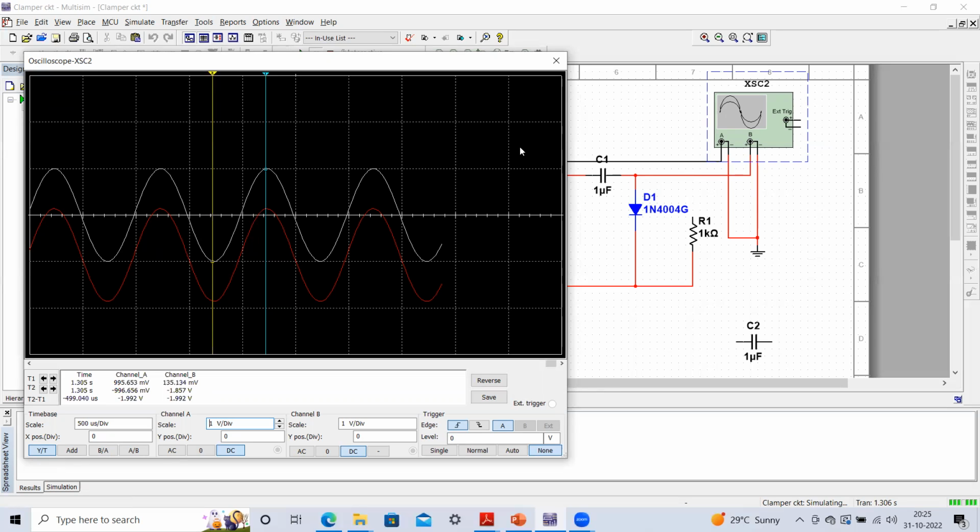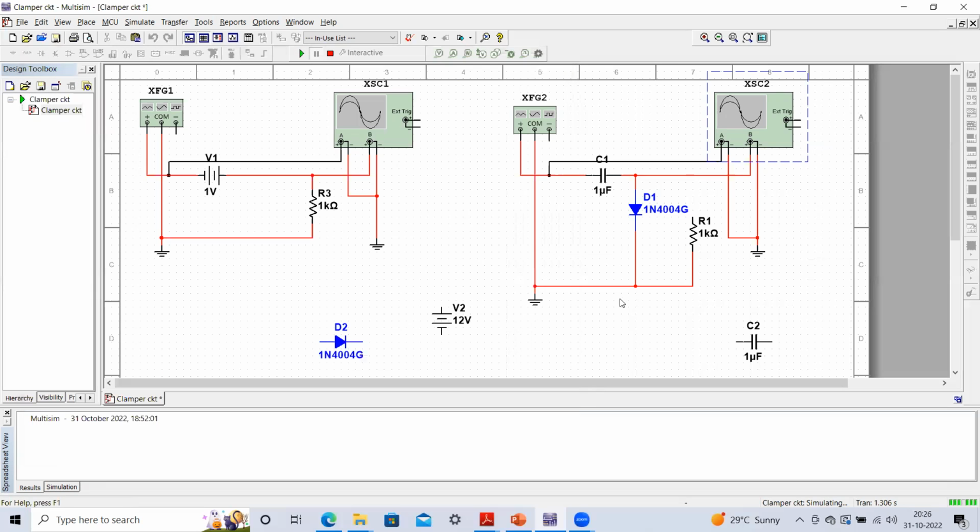Similarly, the other way you can do is adjust this resistance and capacitance value in such a way that you will be able to get the right waveform. Normally in practical circuits, we don't make it open circuit.